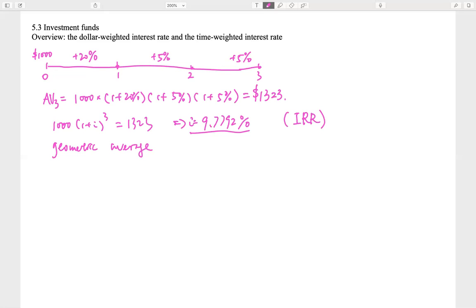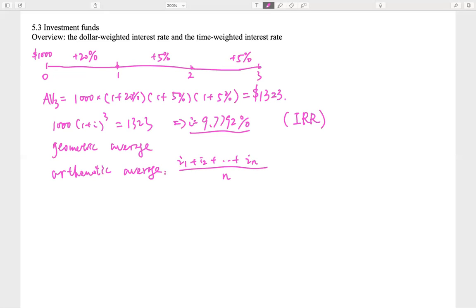So note that in mathematics, we can say this is the geometric average. The arithmetic average, everybody knows, right? That is simply to add everything together and divide by the total number. So if you have I1, I2, all the way to IN, this is the arithmetic average, right?